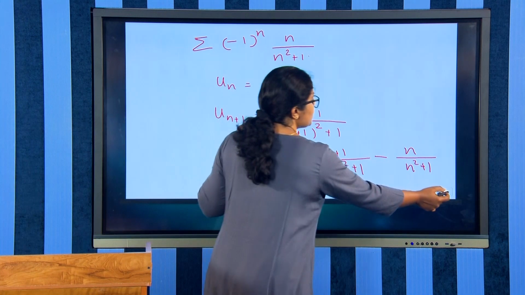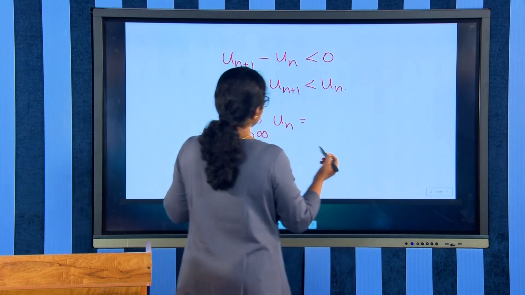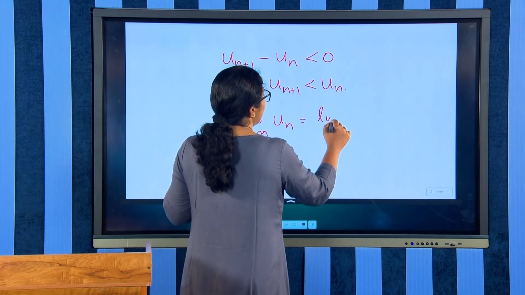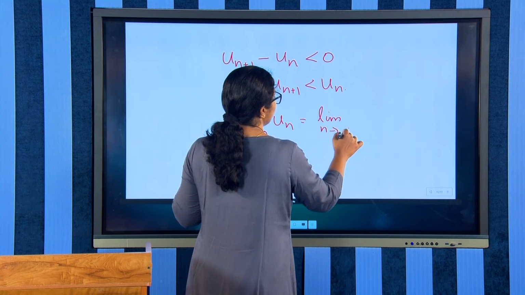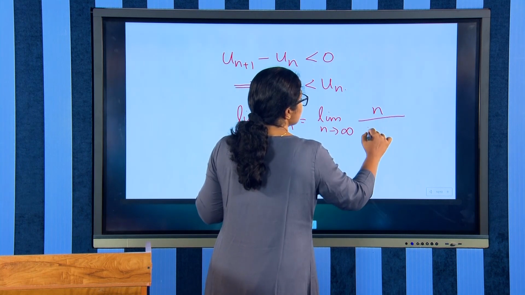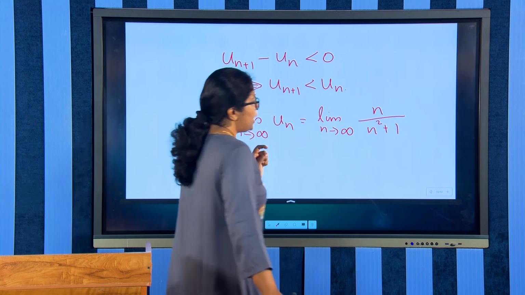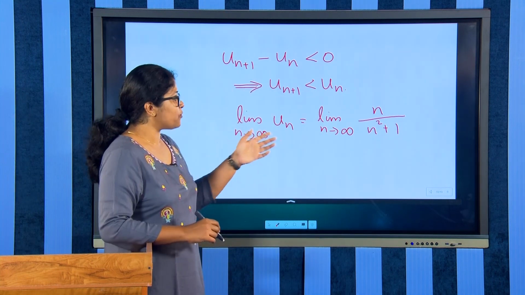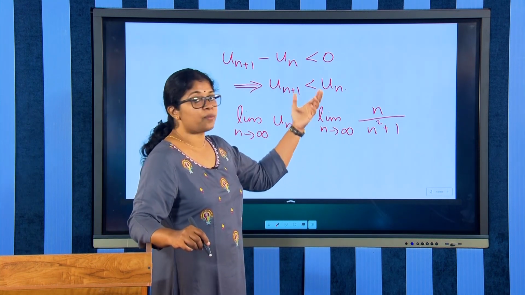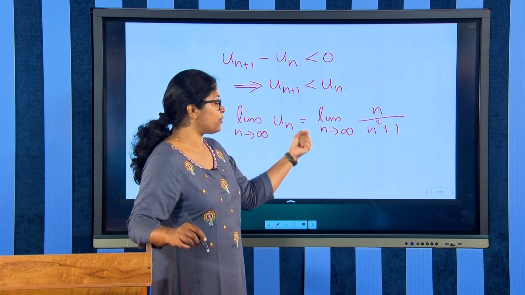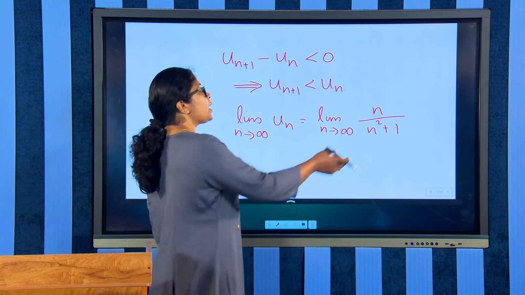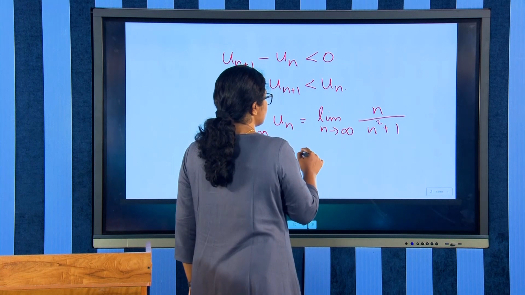So, limit n tends to infinity, un is equal to limit n tends to infinity n upon n square plus 1. And as we have discussed in the sequences chapter, how we can find limit n tends to infinity, we can take out the maximum powers of n outside.